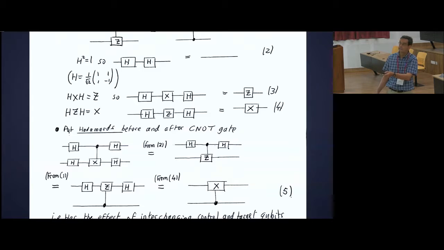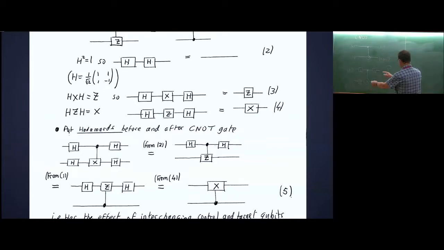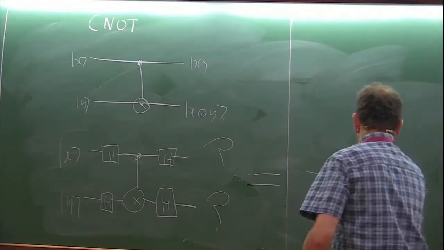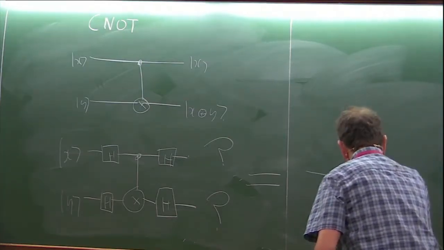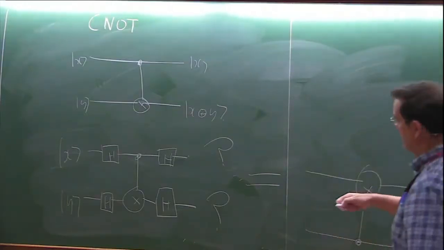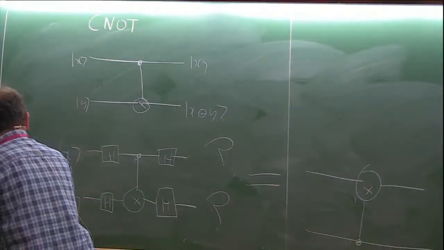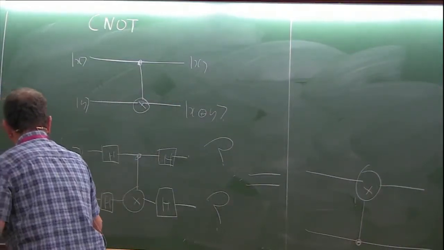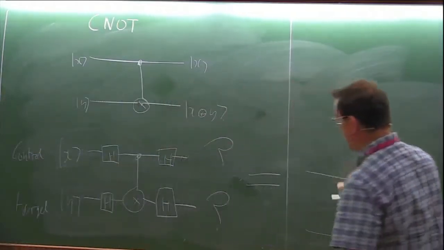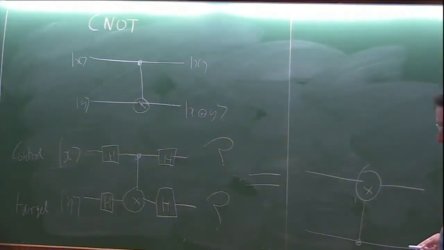That's just an X. So this control NOT gate with Hadamards at the beginning on the left and on the right is equivalent to a control NOT gate, but with the role of this as the control and this as the target, with the role of the control and target qubits interchanged.